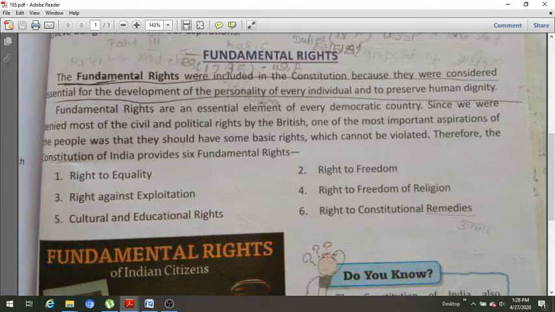The fundamental rights were included in the Constitution because they were considered essential for development of the personality of every individual and to preserve human dignity.